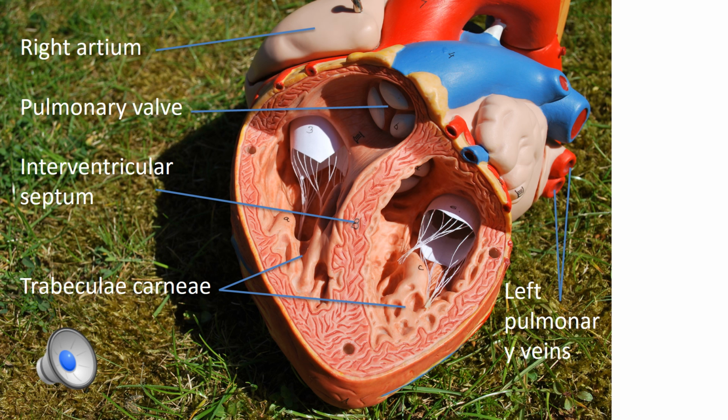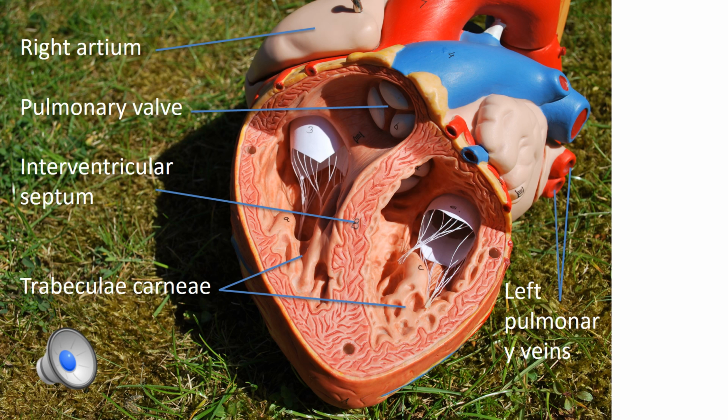Now here we notice the trabeculae carneae, the small fleshy beams. And the inside of the heart is lined with the endocardium, but it's not smooth and flat. It's arranged in these series of grooves and ridges.